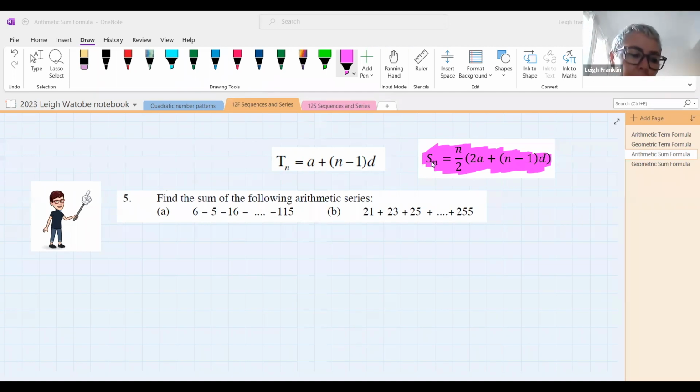Maybe you haven't done this section yet, and that's the reason why you're a little bit confused. Because what we do is we go according to the ATPs. So most matrics everywhere would have done sequences and series, and then they would be moving on to geometry after that. But maybe your school works in a different order, which means you haven't actually done this section yet. Yes, ma'am. That's because I don't even know what arithmetic sequences are. Yeah, absolutely. So that's the reason why.